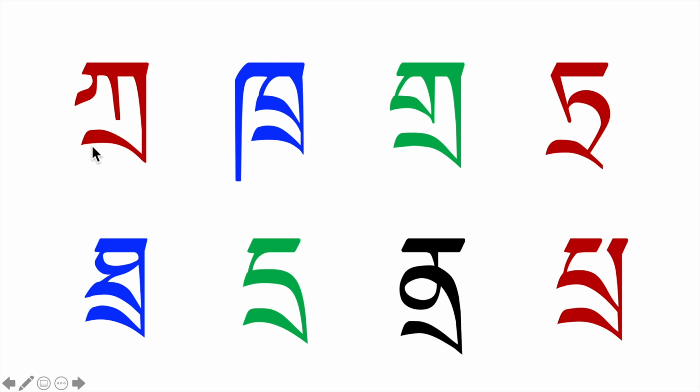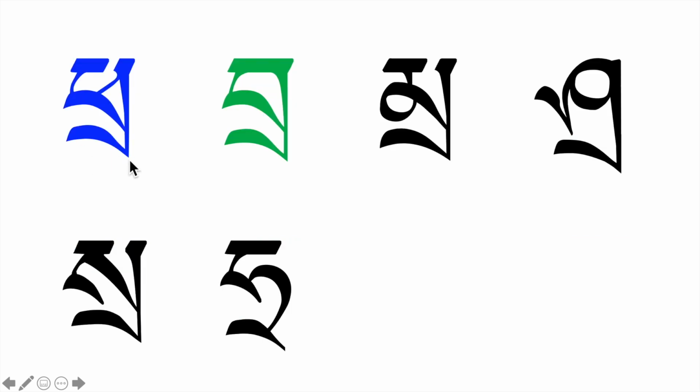One more. Ka rata ta, ka rata ta, ga rata da, ta rata ta, ta rata ta, ta rata ta, na rata na, pa rata ta, pa rata da, ma rata mra.